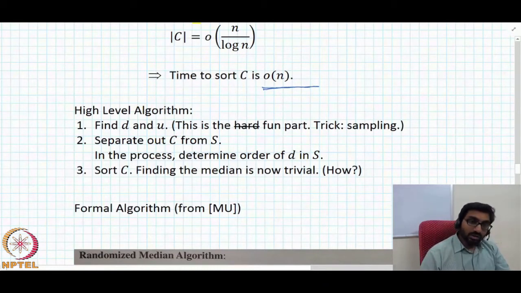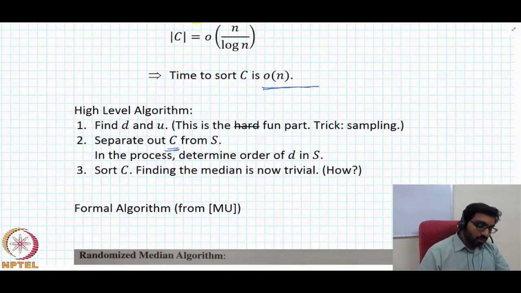Then it's easy for us to compute C. You just have to scan the entire array S and find all the elements that have values between D and U, and that will provide us with the set C. In that process, you can also find the order of D, the position of D in the sorted view of S. That's fairly easy to find.